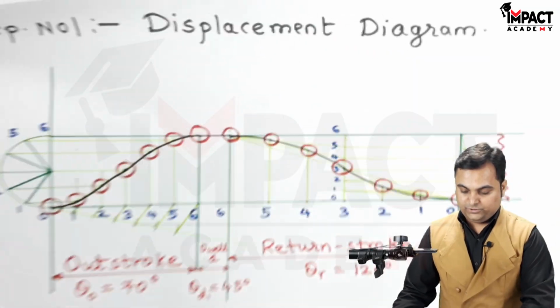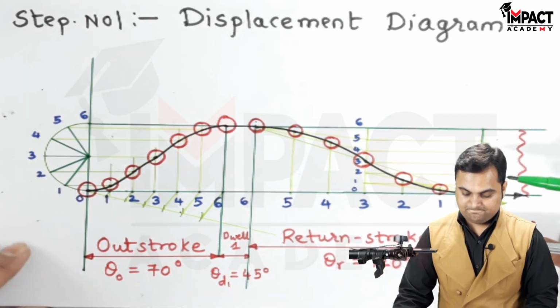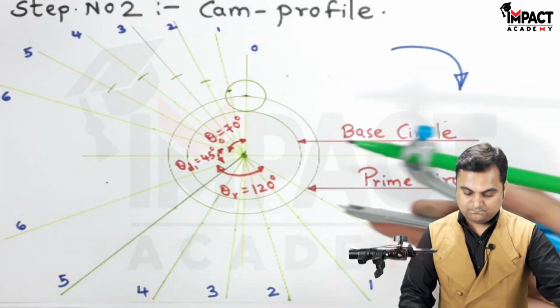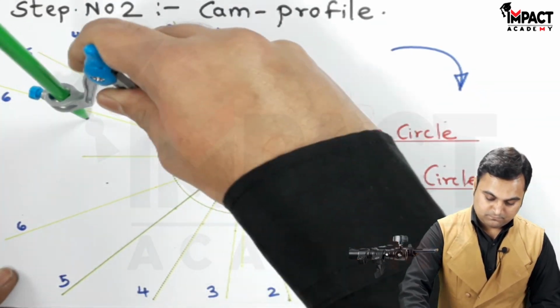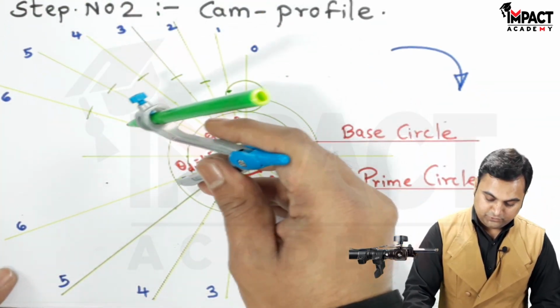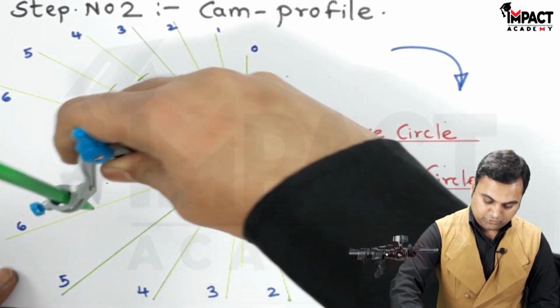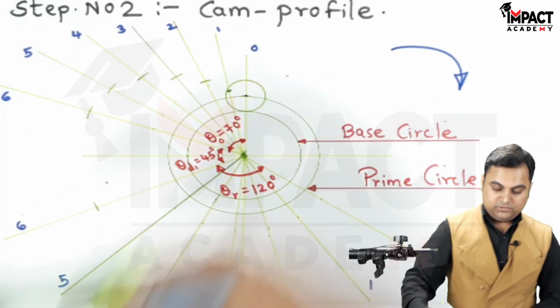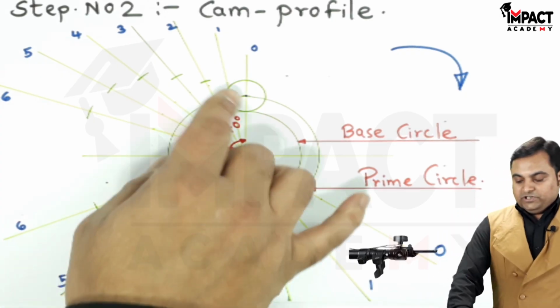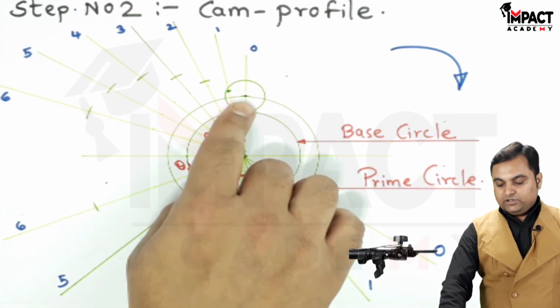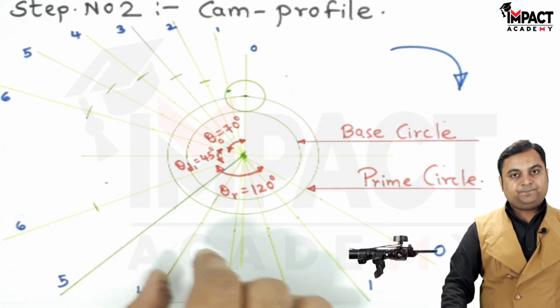At last, point 6. Same height is there for the dwell as well, so I'm marking it on point 6 over here as well. Now these points which I have drawn indicate the movement of the center of the roller.